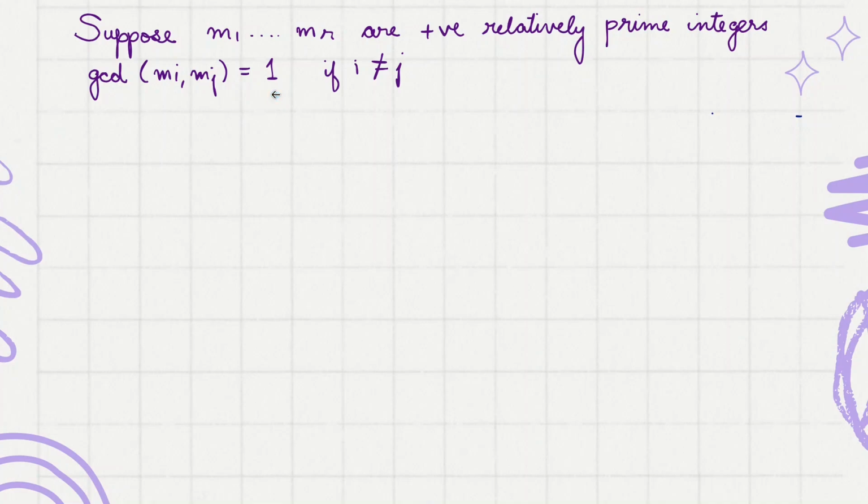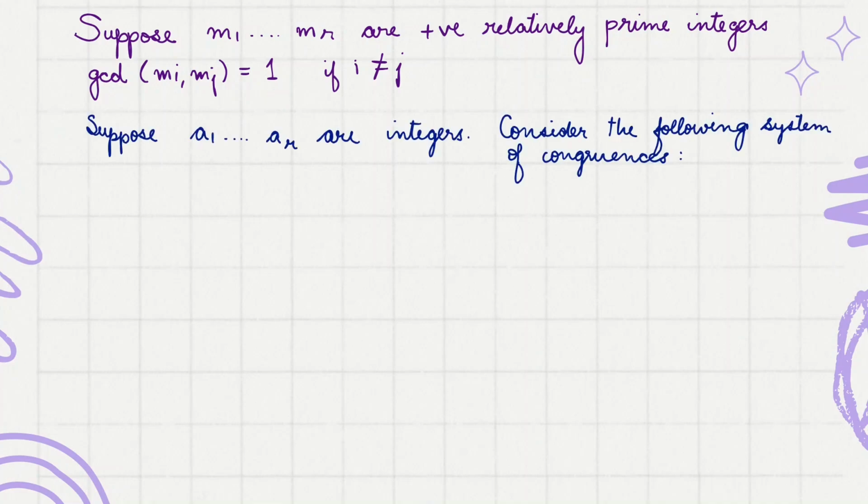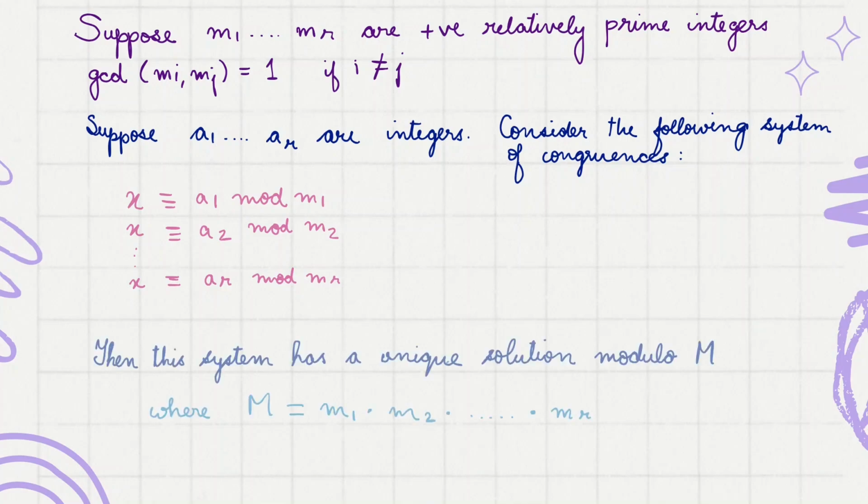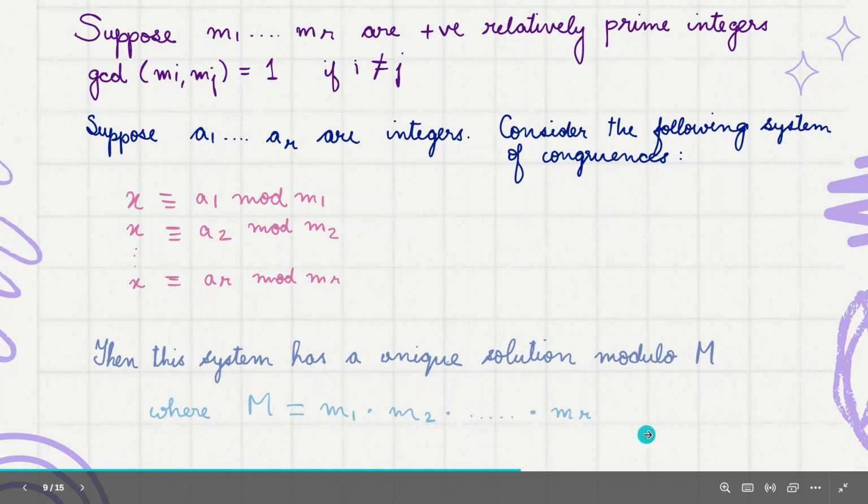GCD is the greatest common divisor. And suppose a1 to ar are integers. Consider the following system of congruences: x is congruent to a1 mod m1, x is congruent to a2 mod m2, and so on, with many congruences of this form. Then the Chinese remainder theorem states that this system has a unique solution modulo capital M, where capital M is the product of all the small m's.